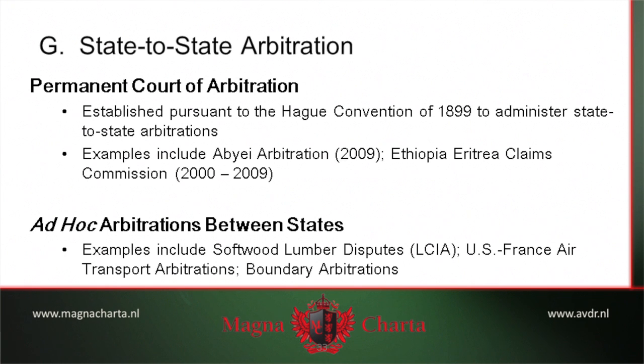And states, just like private businesses, have found the possibility of resolving their disputes through a process that they have chosen, rules that they have chosen to govern their proceedings, with arbitrators who they have chosen to resolve their dispute as the most effective, the most durable, the most fair, the most expert means of resolving those disputes.